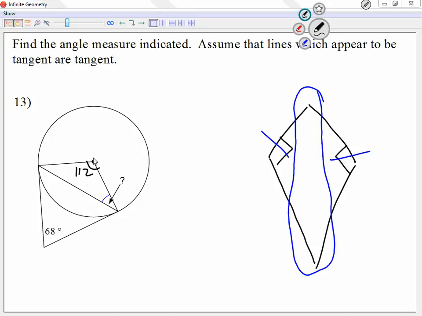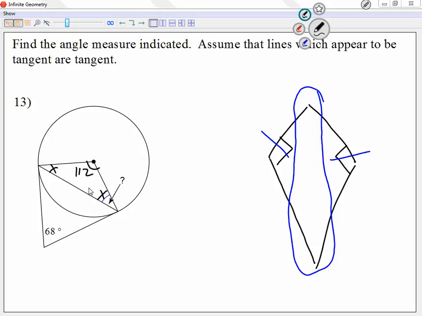Then looking at my triangle, this side is x, this angle is x, and I'm going to call this other angle x, because it is an isosceles triangle. Right? Because this radius is the same length as this radius. So I know I have an isosceles triangle, so these two angles are the same.